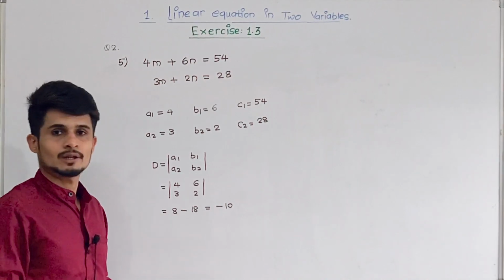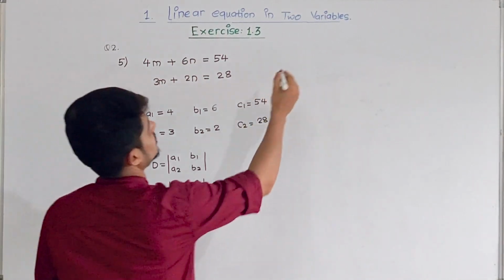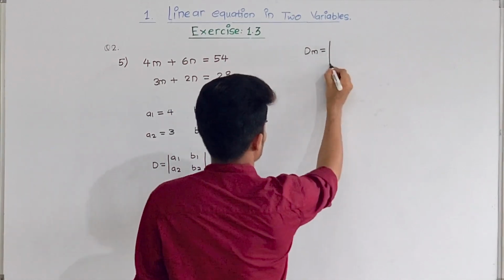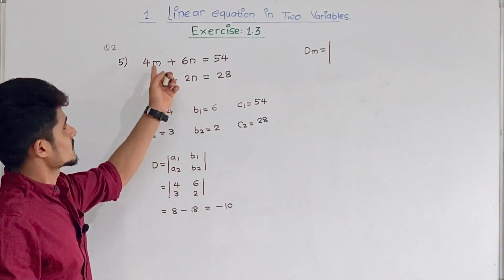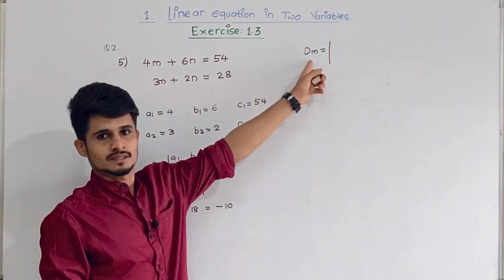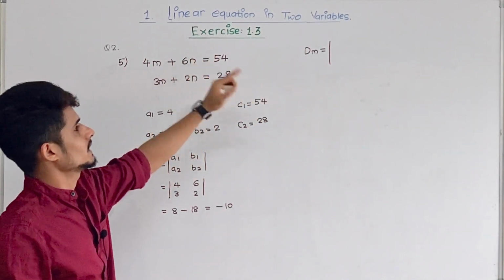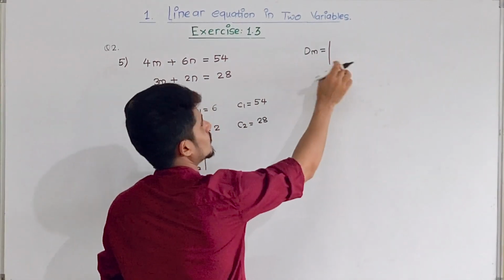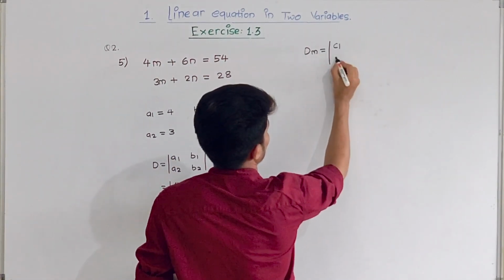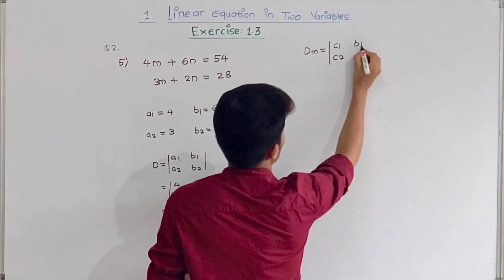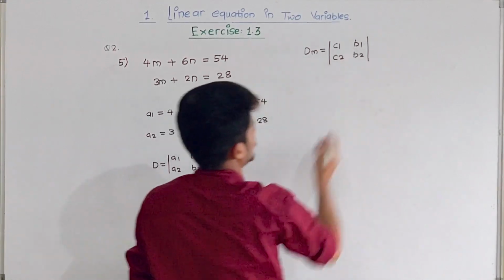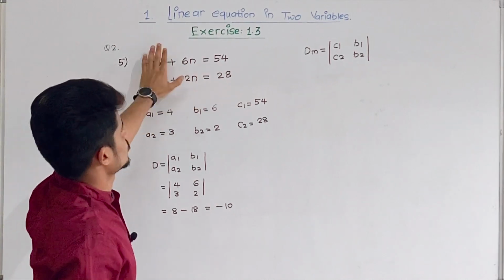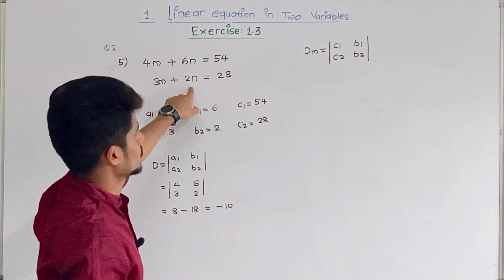Similarly, we'll find the value of dm, that is determinant of m. Here the variable is m, so we are taking m. Similarly, we'll take dn for the value of determinant of n. So the values of dm will be c1, c2, b1, b2. We'll omit the numbers of variable m.